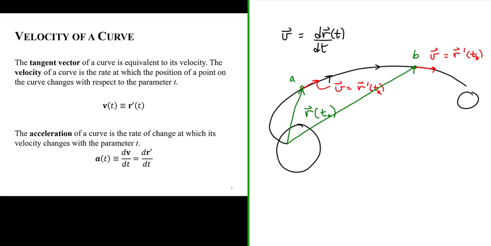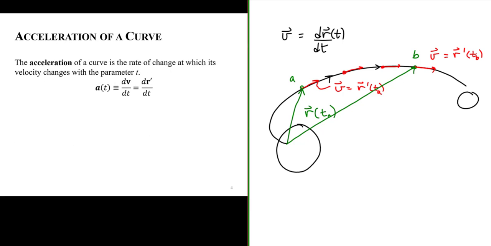By knowing the rate at which this curve changes, and notice the velocity changes at various points because the direction changes, its magnitude may change. By knowing the position vector and the velocity vector, we could describe how this curve changes in space and how fast it changes.